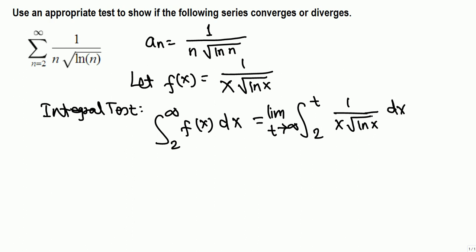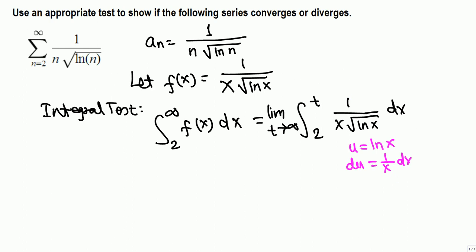Now we need to use u substitution, and our u is natural log of x. Then the derivative of natural log of x is 1 over x, so 1 over x dx will be du, and this is 1 over square root of u.